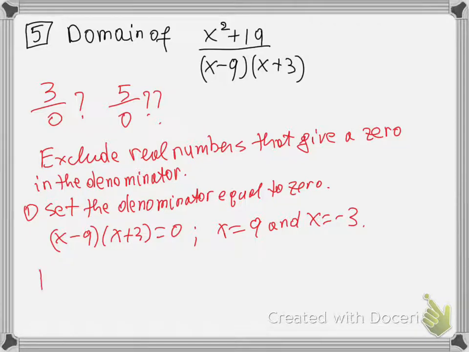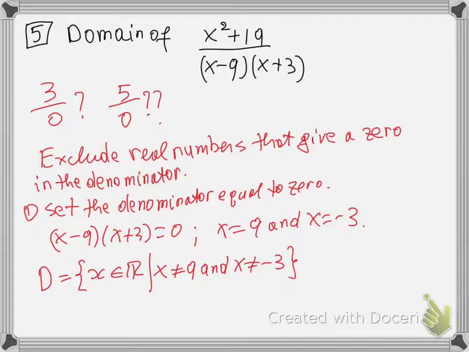So domain, I'm going to write this in set notation. Domain is all numbers x from R such that x is different from 9 and x is different from negative 3.